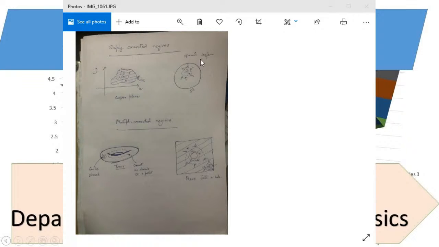Similarly, if you take the surface, let me try to zoom. Due to some reason, the zoom is not working. I'm not able to increase the size. I don't know what to do.